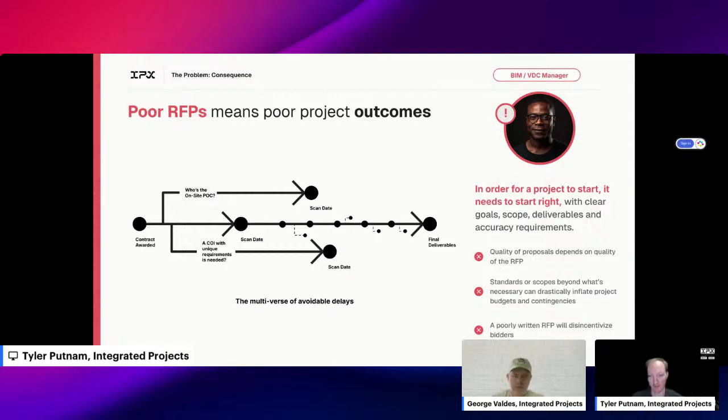So if you don't have clear goals, scope, deliverables, and accuracy requirements, then downstream there are going to be tremendous ramifications. Further to that point, a poorly written RFP will actually disincentivize qualified bidders from even participating, and we'll dive into that a little bit more.